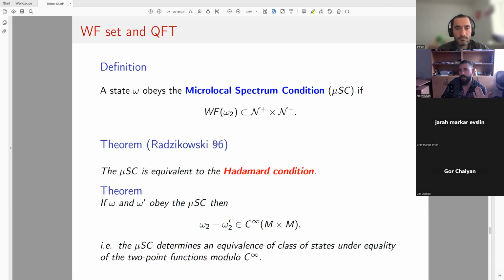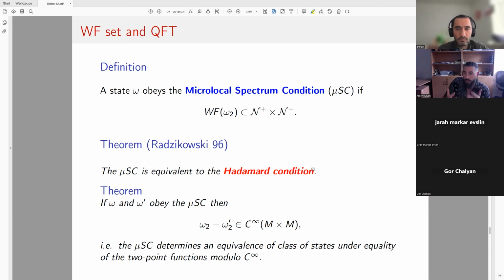And Radzikowski was the first to really prove that this micro-local spectrum condition is equivalent to the Hadamard condition. In a sense, it is a very strong result because this really justifies why we take Hadamard states.